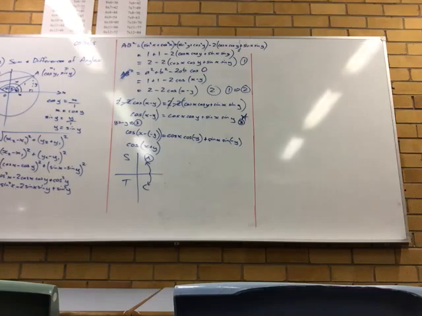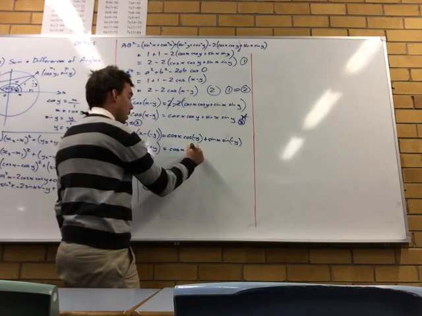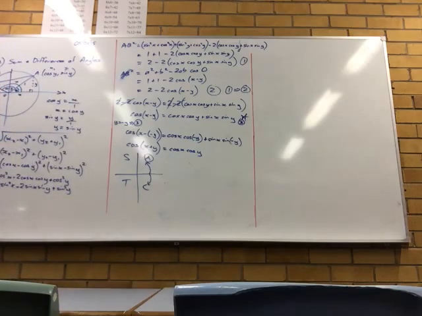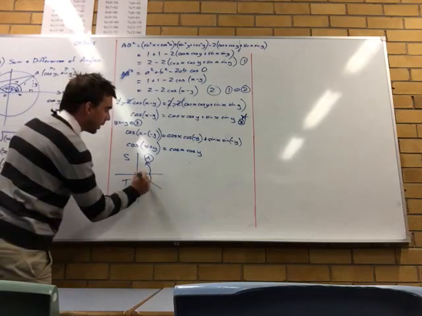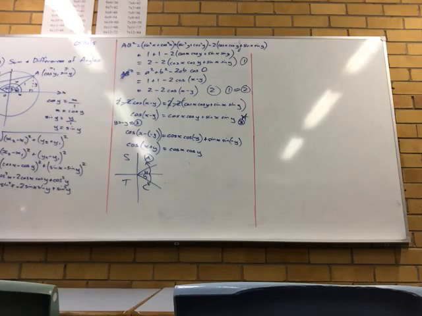So cos of negative y will be the same as cos of y. Okay? So cos of x times cos of y. Okay, so again, if I take the angle y this way, it's going to be exactly the same as the angle y this way because they are both positive in those 2 quadrants.